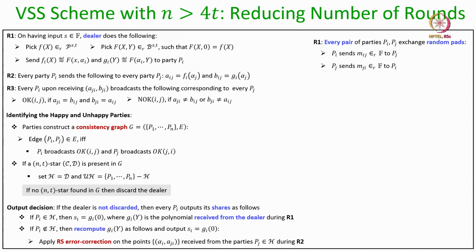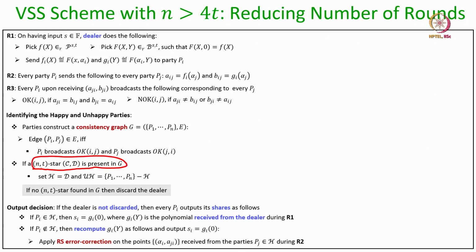Okay. Now, that is the way we can make the protocol a polynomial time protocol, just by changing the structure of the consistency graph based on which the parties identify the set of happy parties. Now, this is a 3 round protocol.